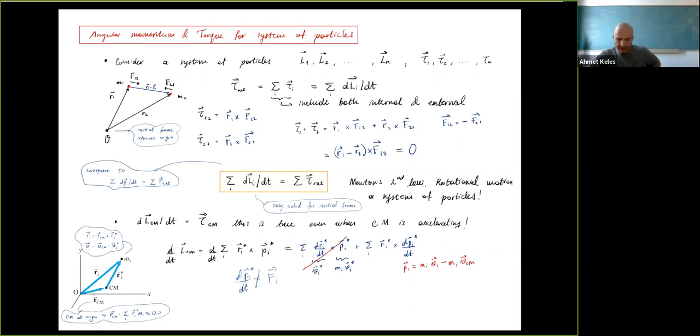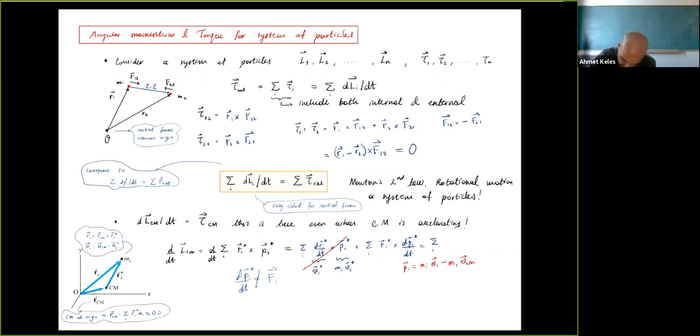These are both vectors. I substitute this p to here, and if I do this, I'll get something like this.